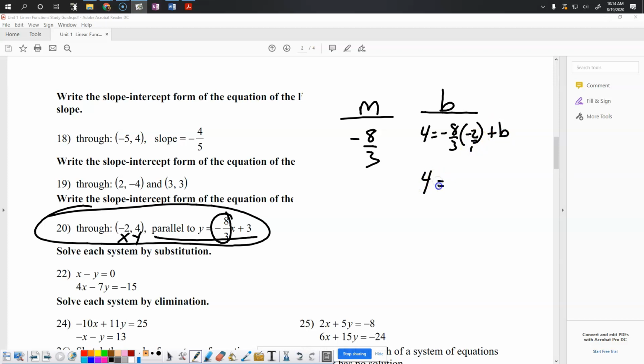The negatives cancel and you end up with 16 over 3. Now, Mr. Bailey doesn't like fractions, so what Mr. Bailey does is he multiplies this fraction by the denominator, the reciprocal, 3 over 1. The reason I do that is because that way these cancel. But if you're going to do it to that part, you have to do it to all the other parts as well. So we multiply everything by 3, and we end up with 12 equals 16 plus 3b. And from there, you just go ahead and solve it.